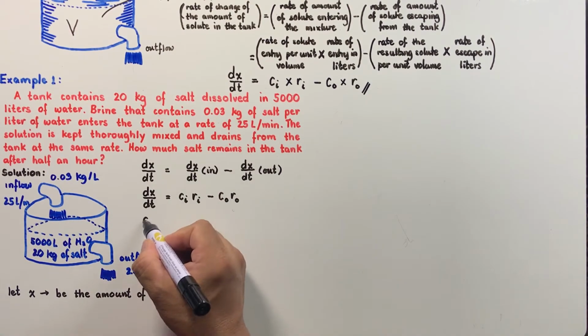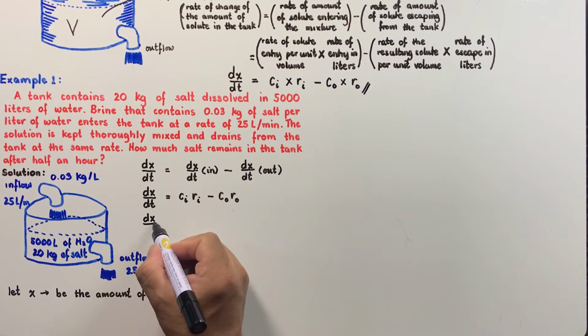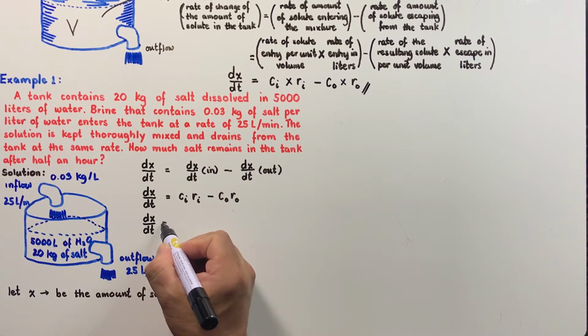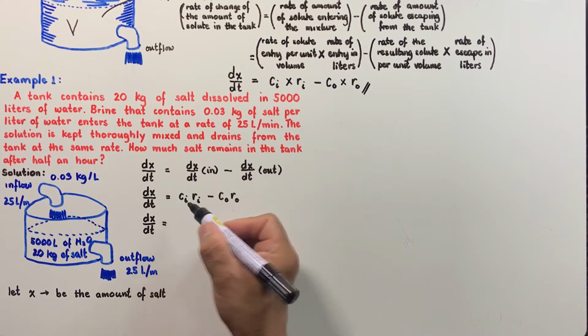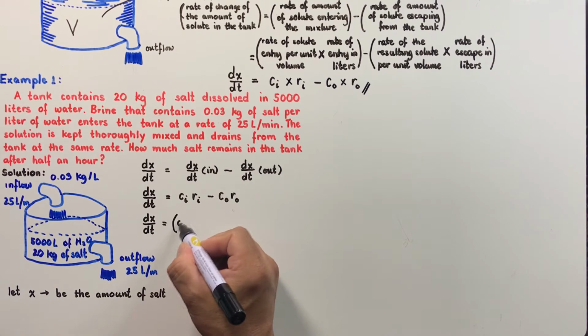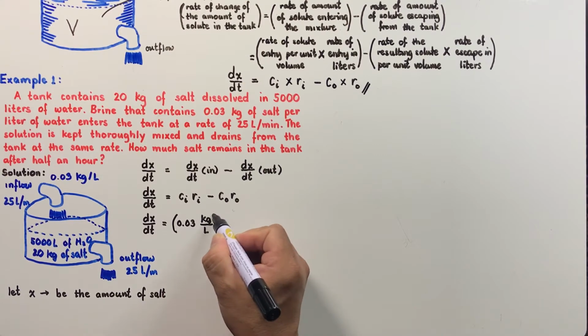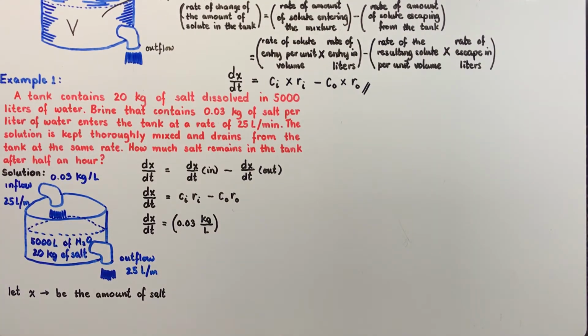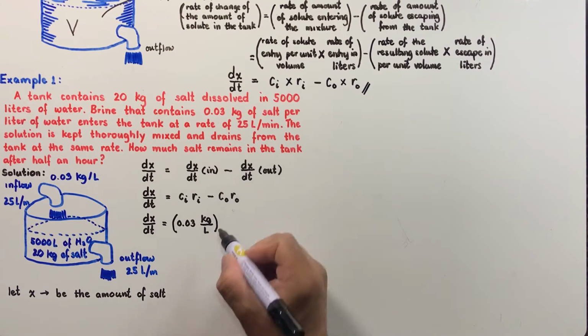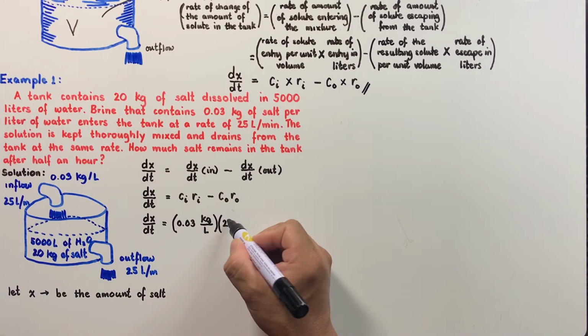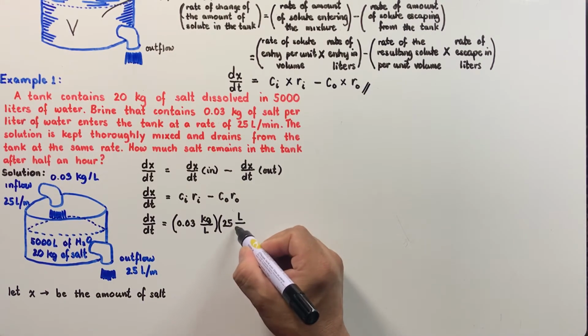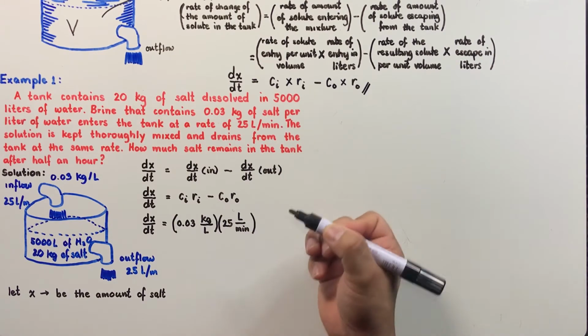So using the given numbers in the problem, we have our C sub I as 0.03 kilograms per liter, because this is the amount of salt per liter moving inside the tank, and the rate of inflow is 25 liters per minute.